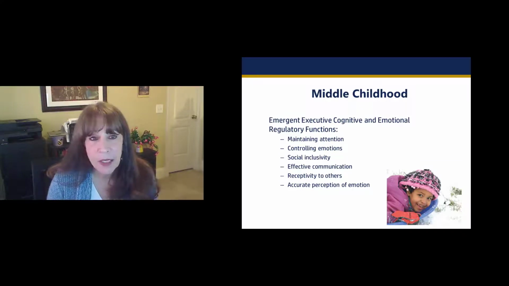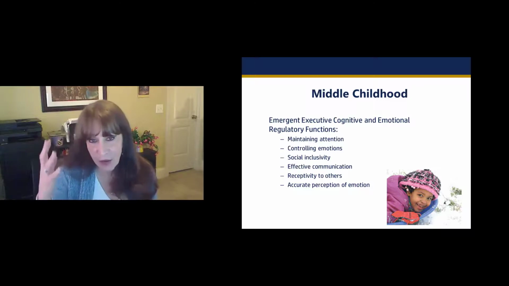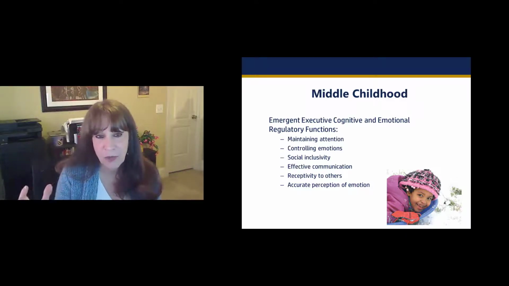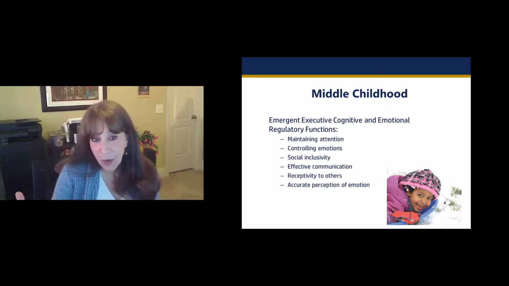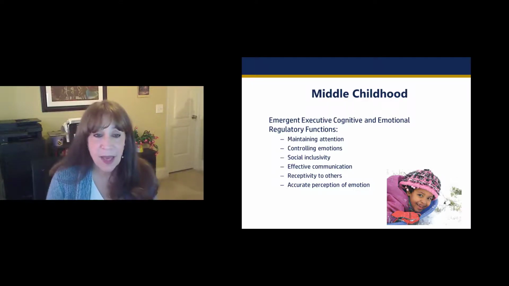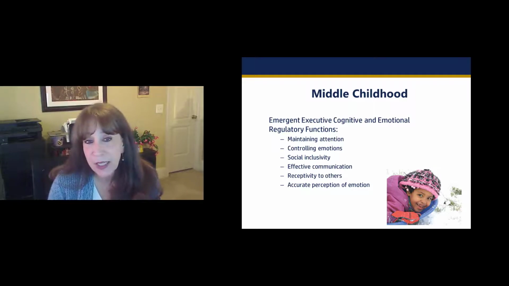And then in middle childhood, we're starting to see the emergence of executive cognitive function and emotion regulation. Executive cognitive function is the front of the brain, I'll show you in a sec. It's the higher order cognitive skills to maintain attention, to communicate and accurately perceive emotion. That's middle childhood.